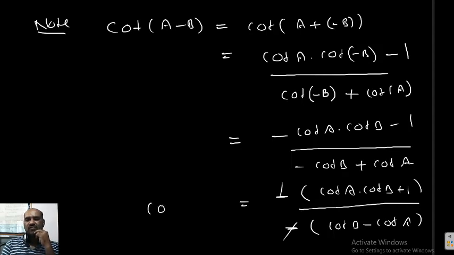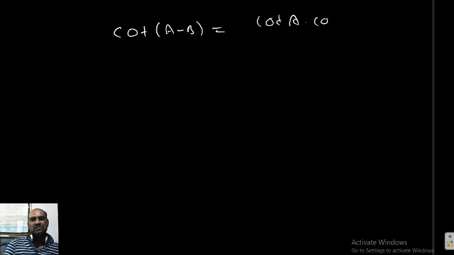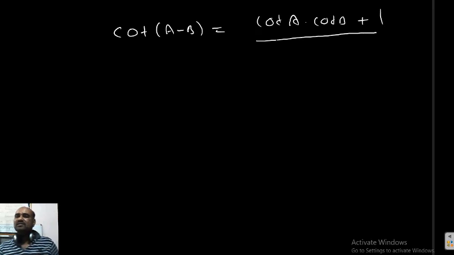So this is cot of A minus B. Next page I will write again: cot of A minus B equals cot A cot B plus 1 by cot B minus cot A, not cot A minus cot B, students, should take care of that. So this is the formula for cot of A minus B.